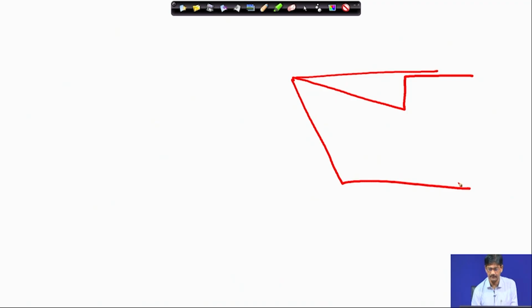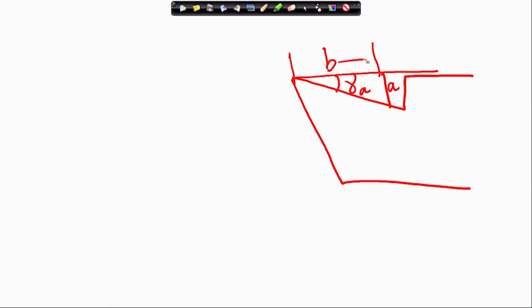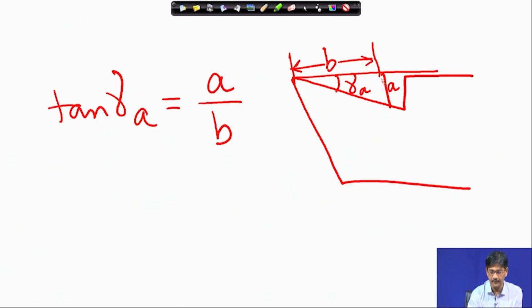A tool in any section, if I am going down by this distance vertically, say I name this E, and B is this much, and this angle is gamma E. Therefore, I can write tan gamma E is equal to E by B, perpendicular by base.